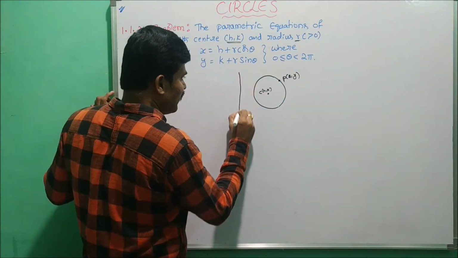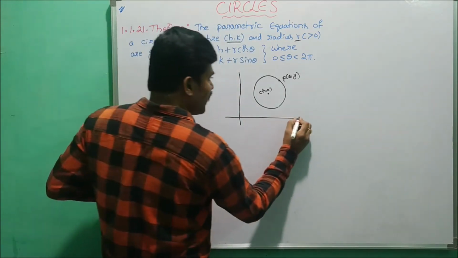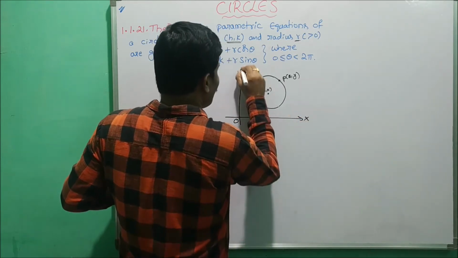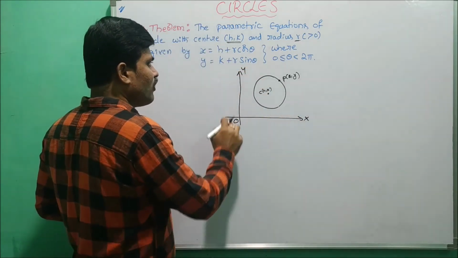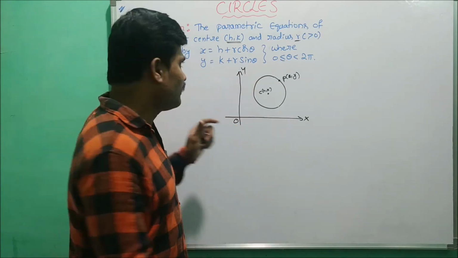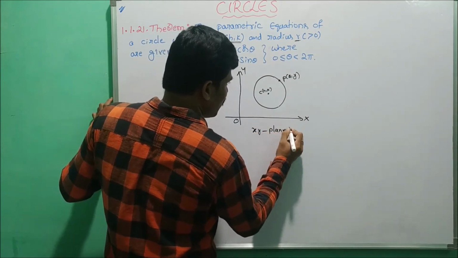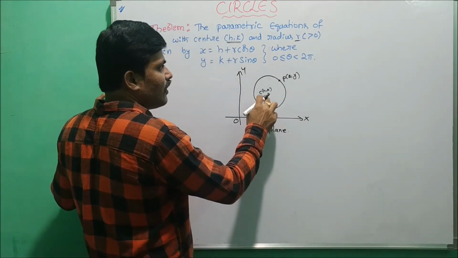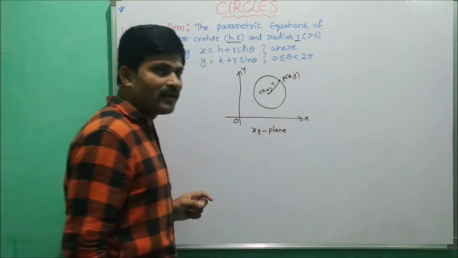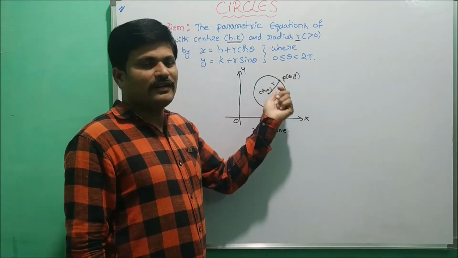So this circle is in the XY plane, considered with axes OX and OY. In that plane we take the center and radius, where the radius r is greater than 0. Now we take a point on the circle, that is P(x, y).